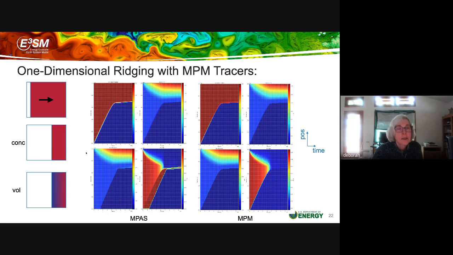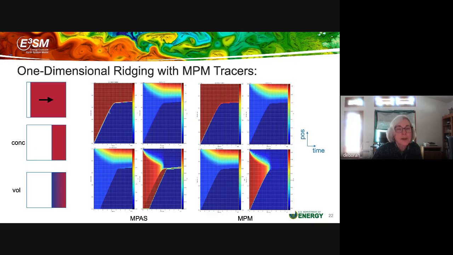And again, in these plots on the right, what I'm doing is just taking the center line solution as a function of x and plotting those in time, where time is going to the right and position is vertical. So you can see here for concentration, what we'd expect as you start the wind blowing, this surface is moving to the right.